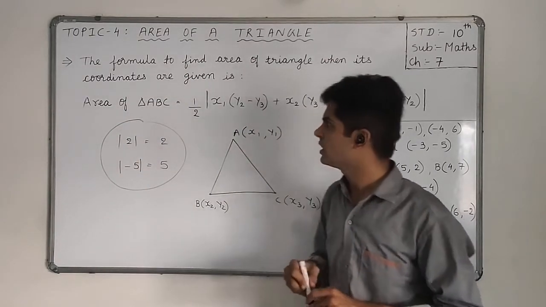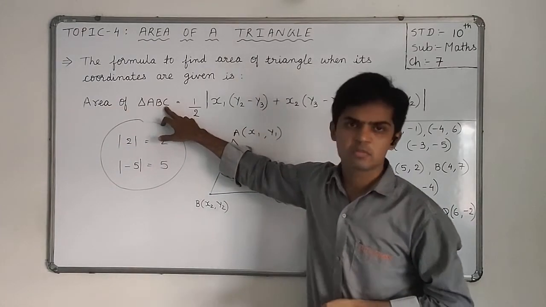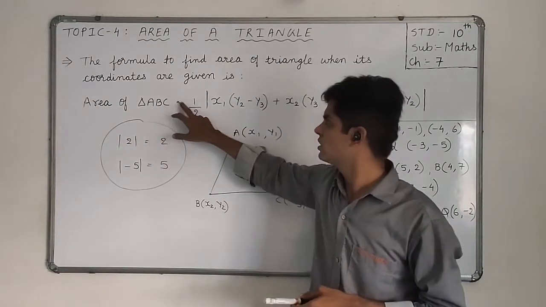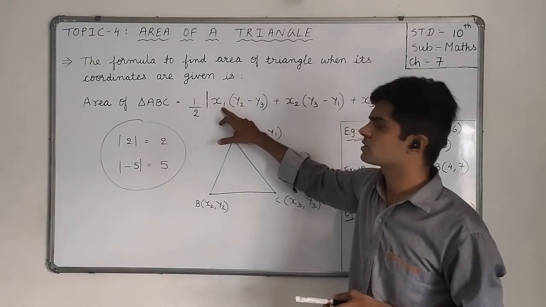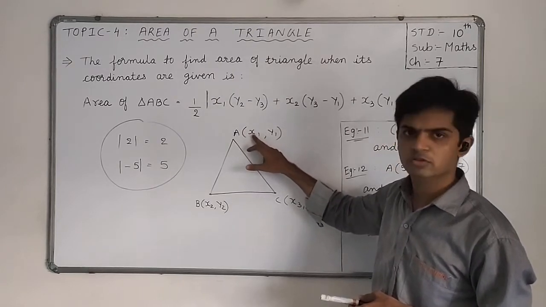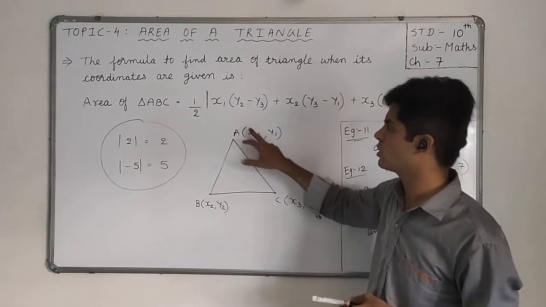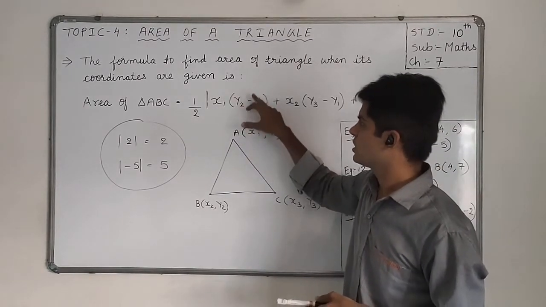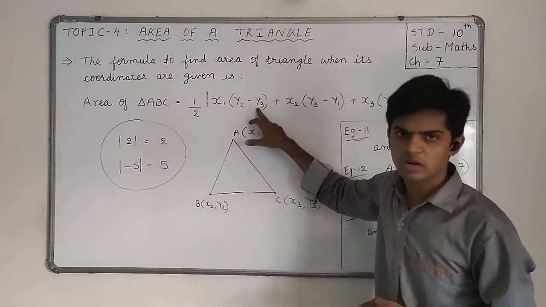Okay. Now again let us see here the area of triangle. Maybe it can be ABC, PQR, XYZ, half into inside modulus x1. It means the value of this coordinate x1, A का जो coordinate है और उसकी जो first value है वो x1, inside bracket y2 minus y3, right?